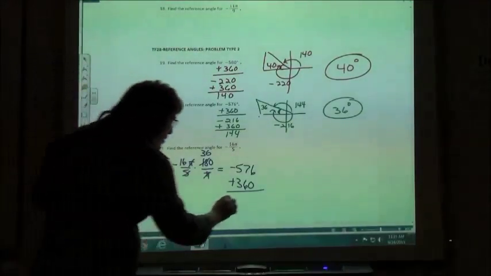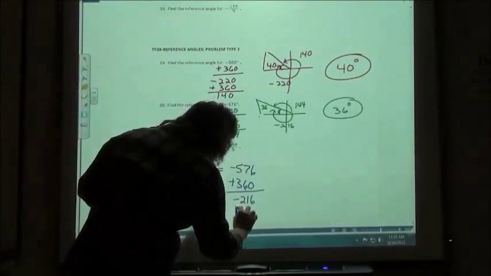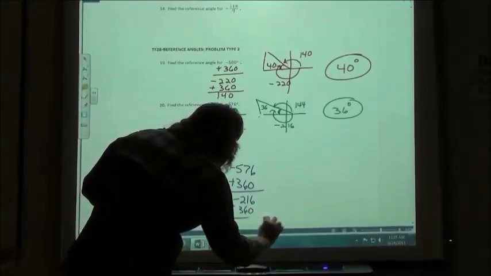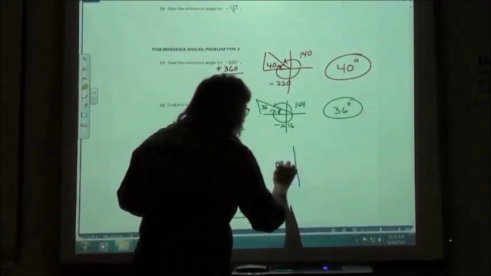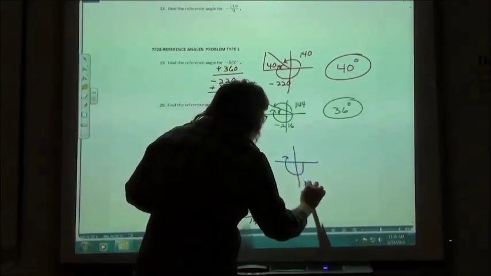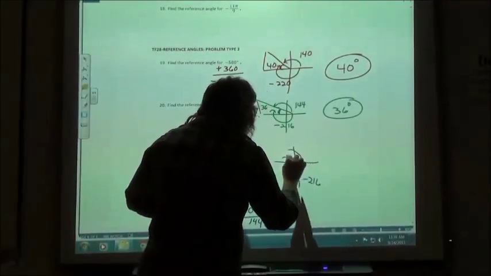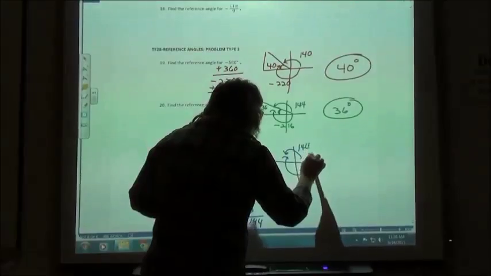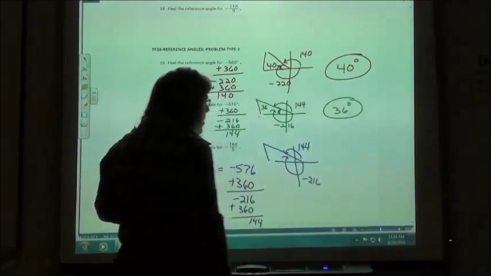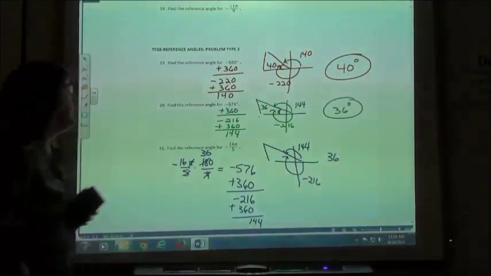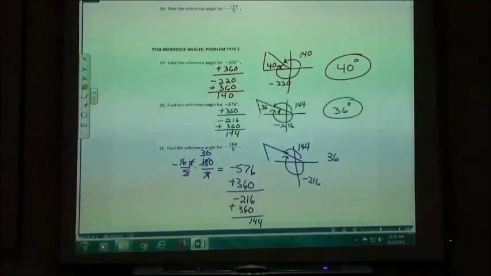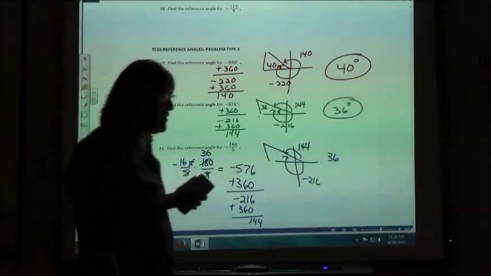In this case, we already did that and said negative 216, or, if we kept going, positive 144. So negative 216 or positive 144 gives us that angle that we already did, and we said it was 36 degrees. If I take 180 minus 144 or 216 minus 180, we get 36 degrees.